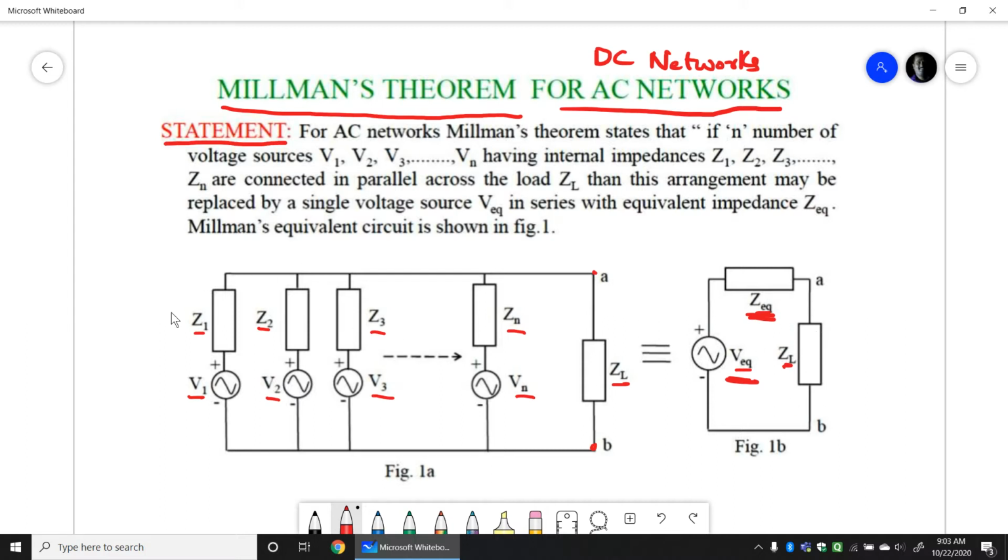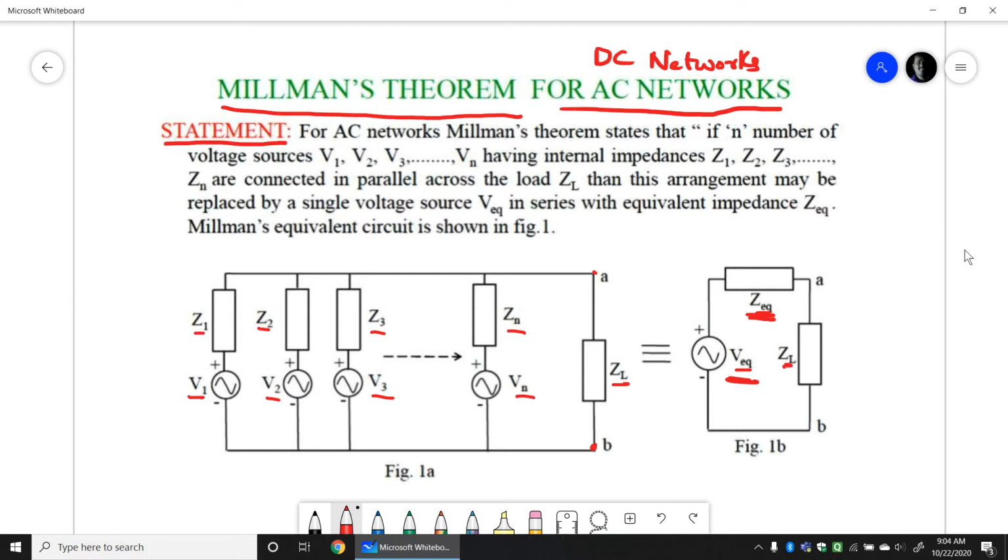So we can convert the entire circuit with parallel branches into a simplified network with an equivalent voltage in series with an equivalent impedance, and that in series with the load.